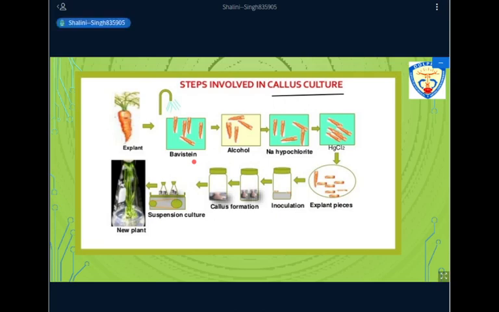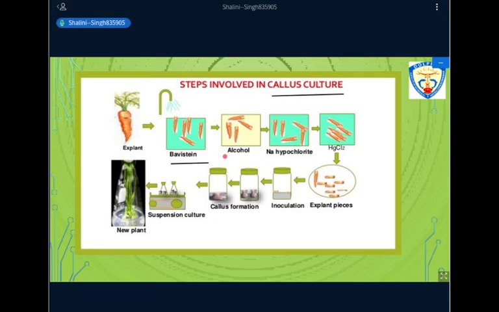To make sure of this, you treat your explant with a number of chemicals to make it free from dust and pathogens. Dust can be removed easily with the help of a soap. The soap we use in the lab is normally a mild one, so any liquid soap is used. And then if your plant has a fungus infection specifically, you can treat it with a fungicide, of which Bevistine is one example.